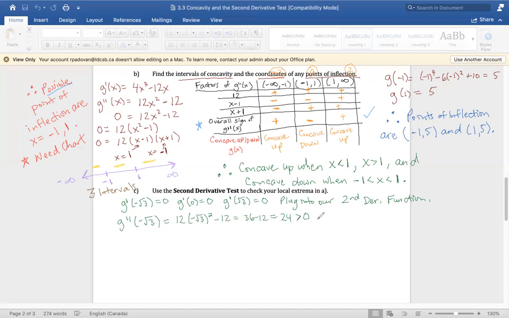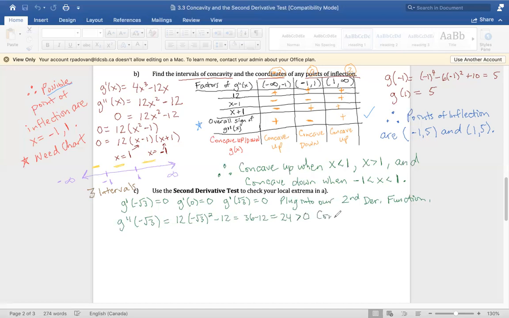Yeah, let's write down each conclusion as we go. So if we go back up to the second bullet on the first page, concave up says for the original function, which I'm plugging in, if my second derivative is greater than 0, which it is, 24, greater than 0, then I am concave up, it said, right?